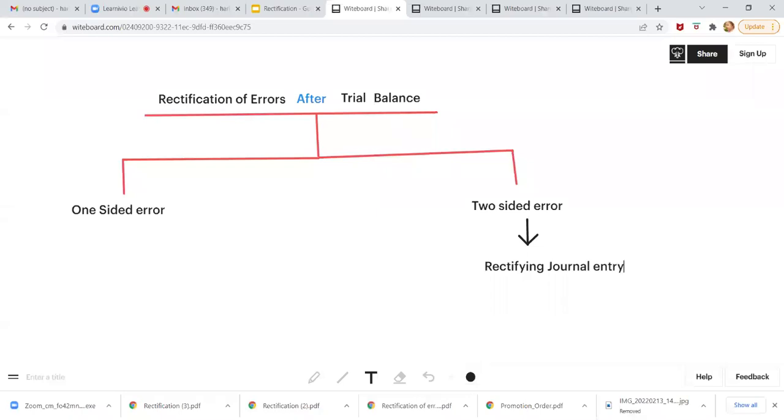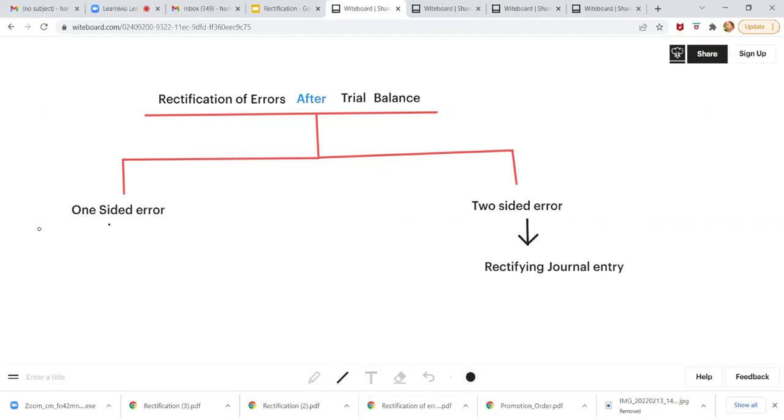So when we have two-sided error, then we will rectify by passing the rectifying journal entry. And when we talk about one-sided error, here we need to prepare suspense account to rectify the one-sided error.